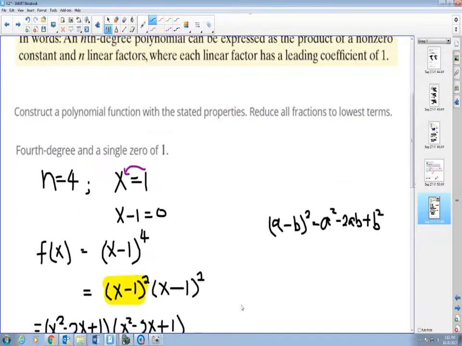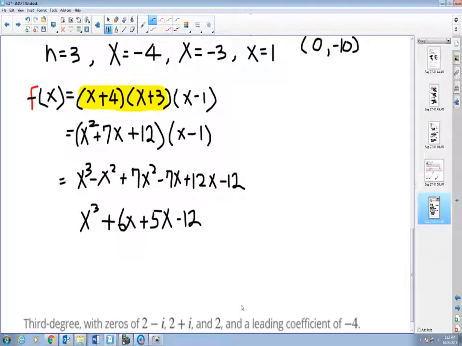So what I've got so far is some sort of leading coefficient out here times the entire polynomial, is equal to my function f of x. Now I'm going to write it down. So f of x also represents y.